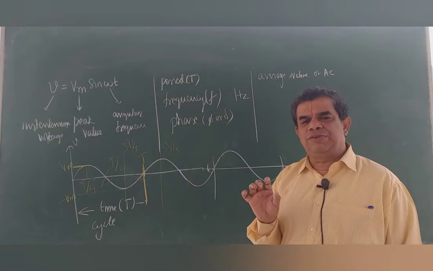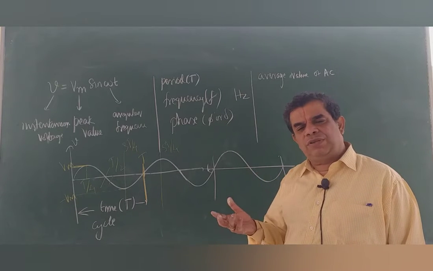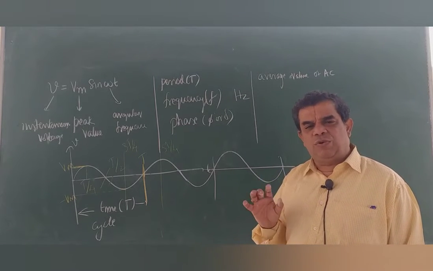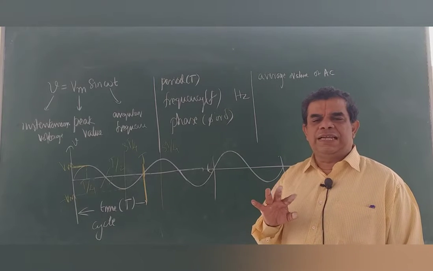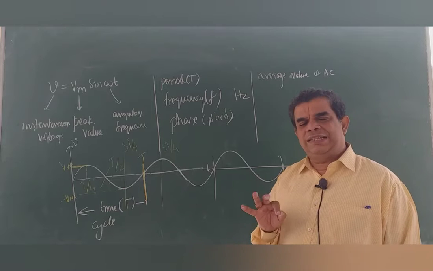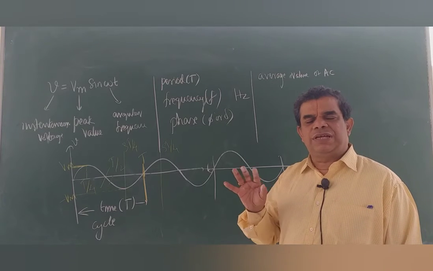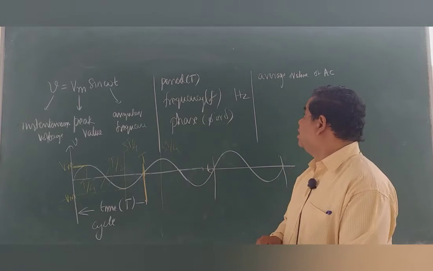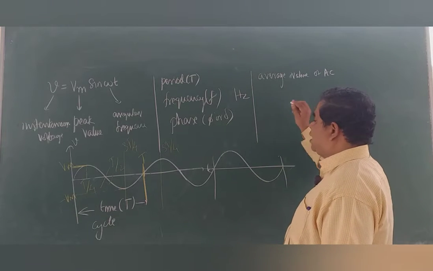That's why we simply use AC for both current and voltage. That's why AC voltage or AC current. It is not alternating current voltage or alternating current current. Not like that. It is AC, symbol of variation. So AC voltage and AC current we say. Now, average value of AC.